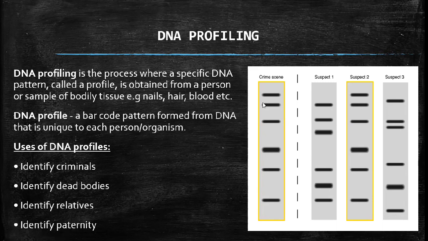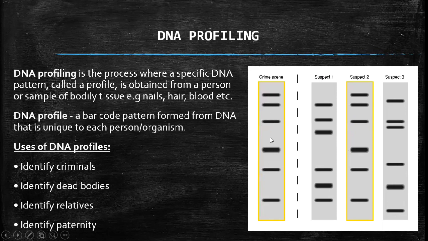Okay, such cases. Yeah. So for a crime scene, they can give you the DNA sample or DNA pattern or profile that was discovered from the crime scene, the place where the crime took place. And then they're going to show you the DNA of the suspects, suspect 1, 2, 3, or suspect A, B, C, or they can give actual names. Okay. Now they'll ask you who is actually the one who committed the crime.